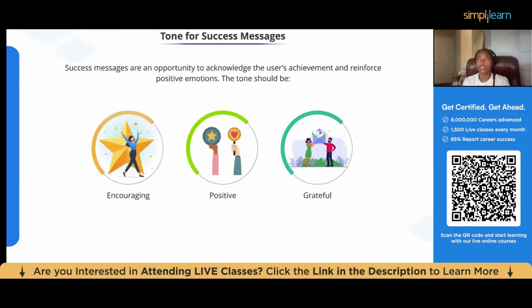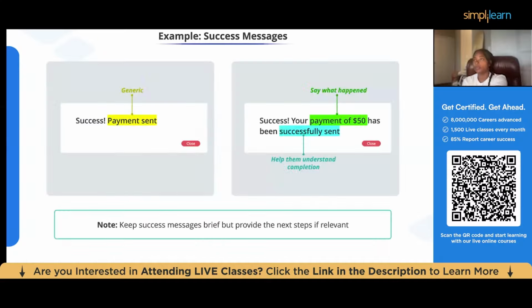Then tone for success messages. Success messages are an opportunity to acknowledge the user's achievement and reinforce positive emotions. This tone should be encouraging, positive, and grateful. Some examples of success messages are like generic.